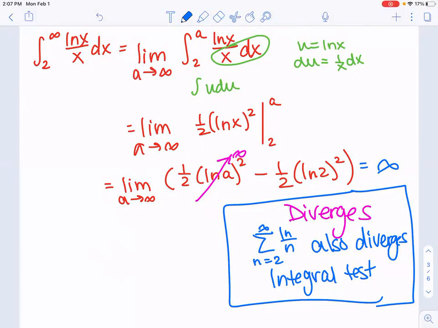Because when we talk about an improper integral, a definite integral is area under the curve. So when we're talking about infinite area under the curve, it's either going to converge to be a value, or it's going to diverge to be more than we can count. Does that make sense?